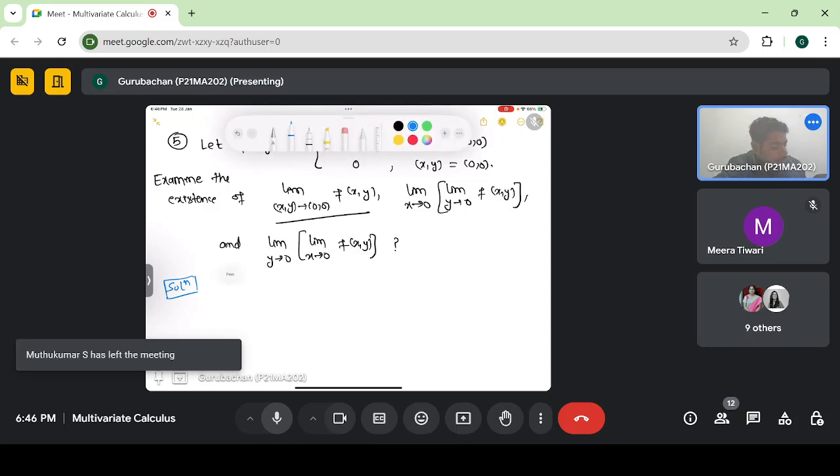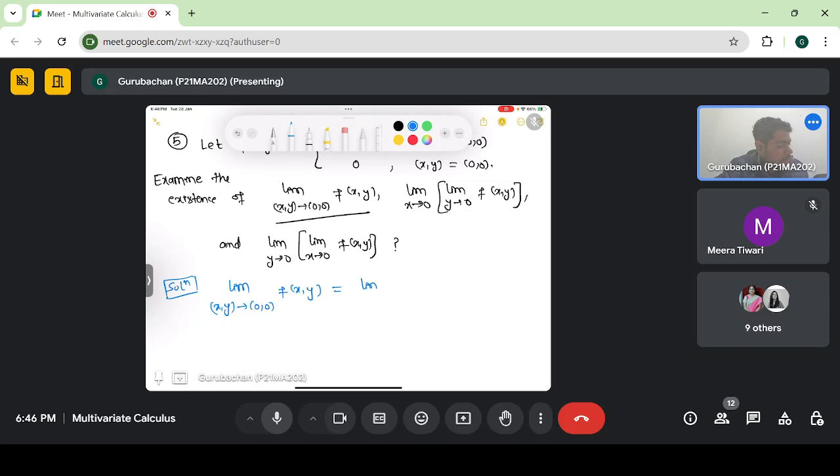So first we consider the limit as (x,y) tends to (0,0) of f(x,y), which is the limit of y cos(1/x). Now here y is tending to 0, and observe that cos(1/x) will be some finite value between minus 1 and 1. Can anybody tell me why I am saying that?